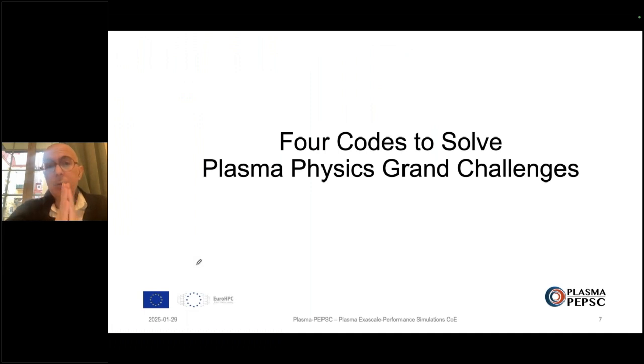As I said, we have 4 codes. The preparation and optimization of these 4 codes in the Center of Excellence are driven by solving these plasma physics grand challenges. So we are monitoring the advancement with figures of merit in each of these 4 grand challenges.